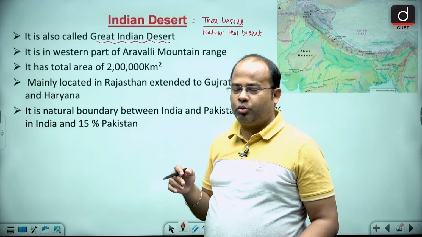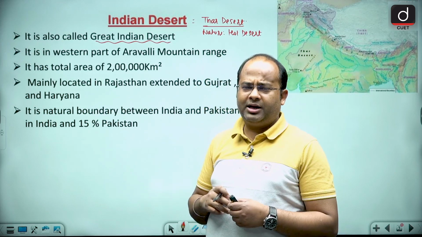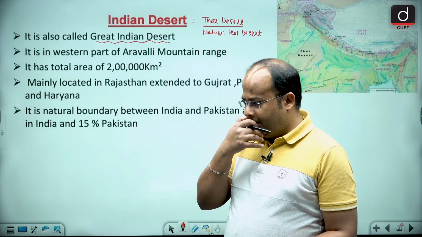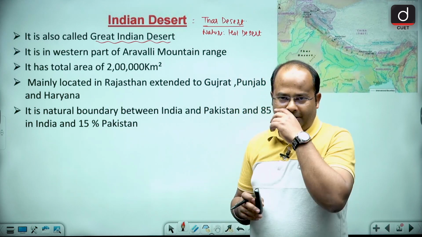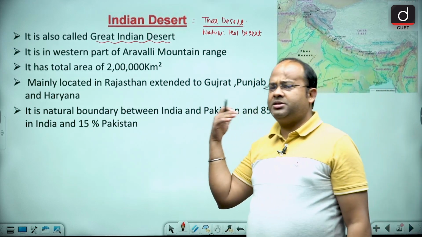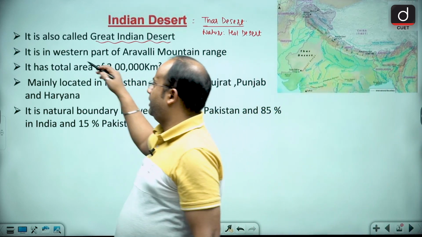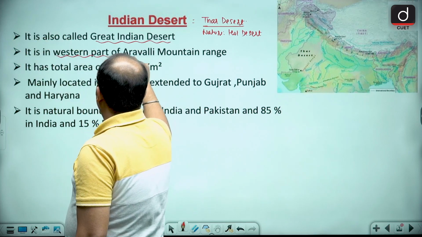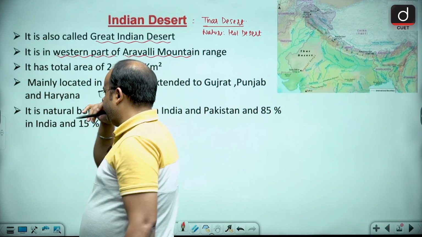We have a cold desert in India, that is the Ladakh region, which is the cold desert of India. Now guys, if I talk about the location of the Thar Desert, it is in the western part of the Aravalli mountain range.